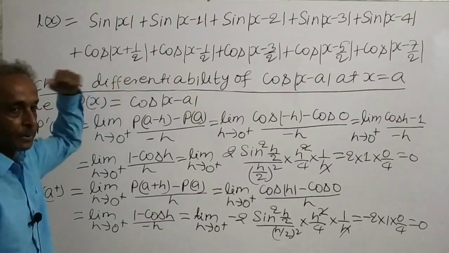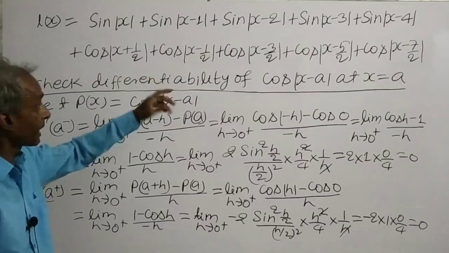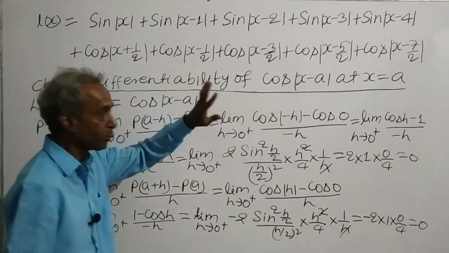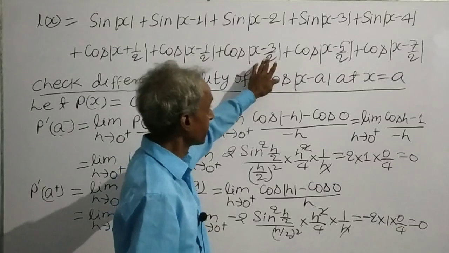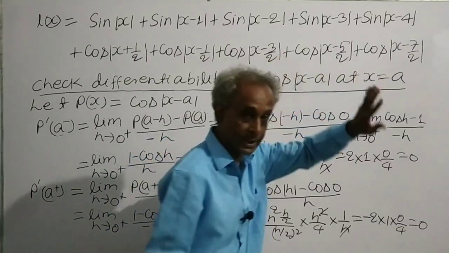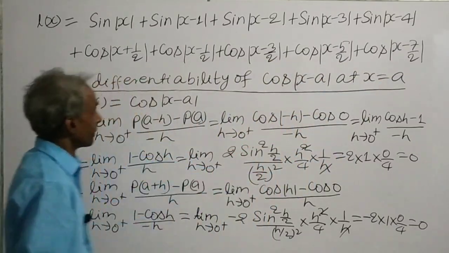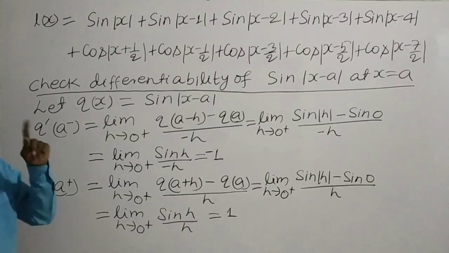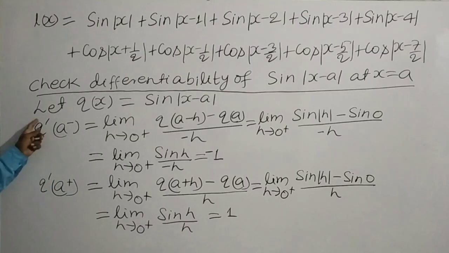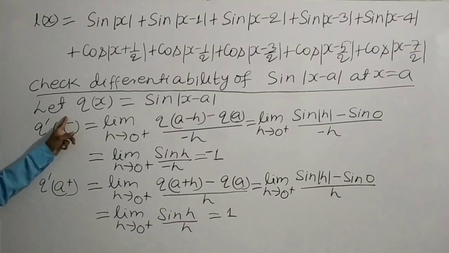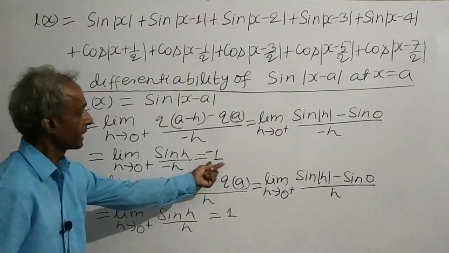Therefore, this is differentiable at all real x. This is also, this is also, this is also. Left hand derivative q dash a minus is equal to minus 1.